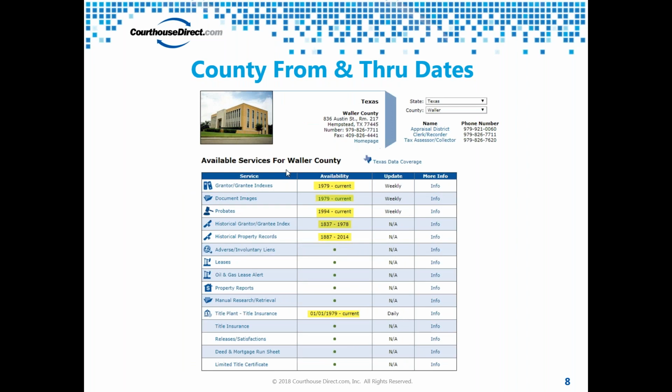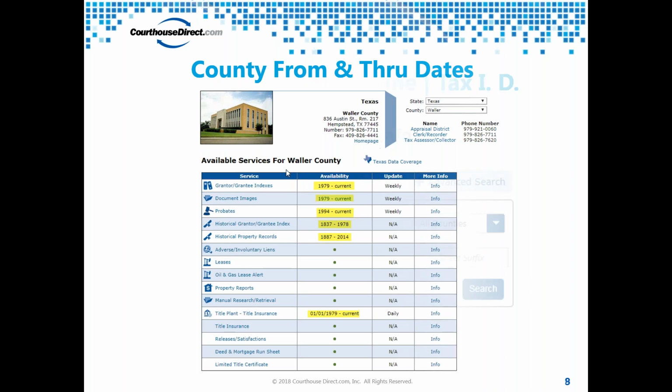For instance, looking at Waller County here, our electronic index starts in 1979, but we also have handwritten grantor-grantee indexes that start in 1837 and go up to the end of 1978. So you can see there's typically an overlap, or at least we meet the electronic data with the handwritten data.